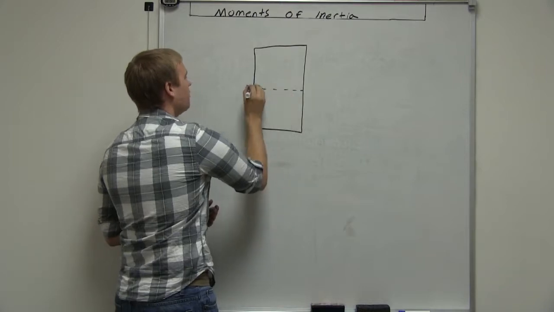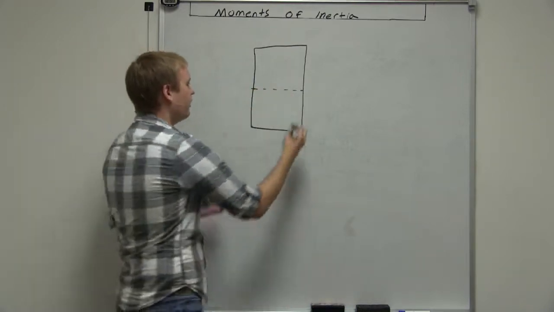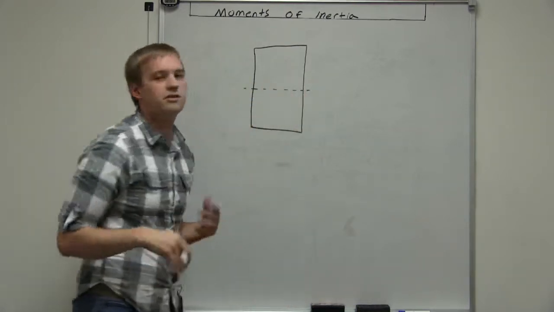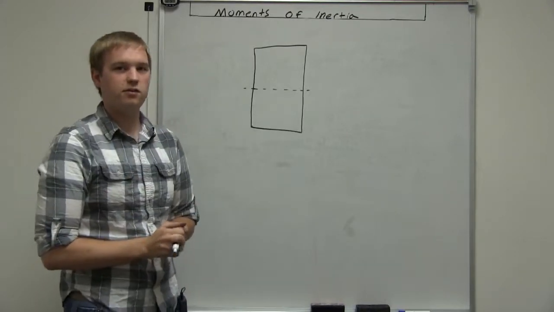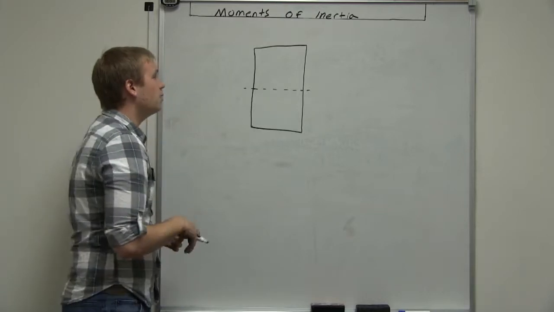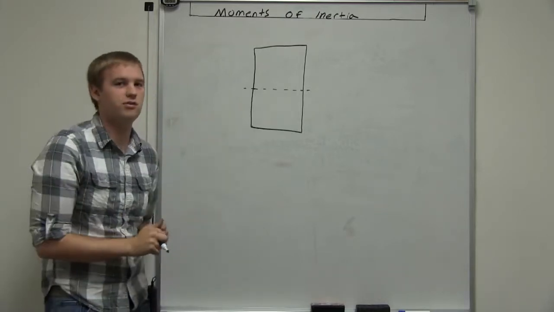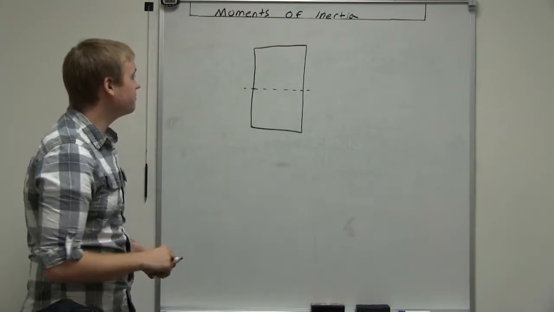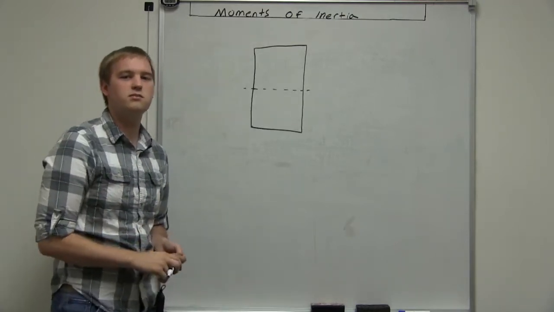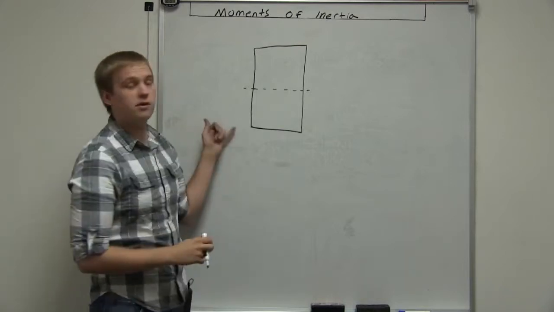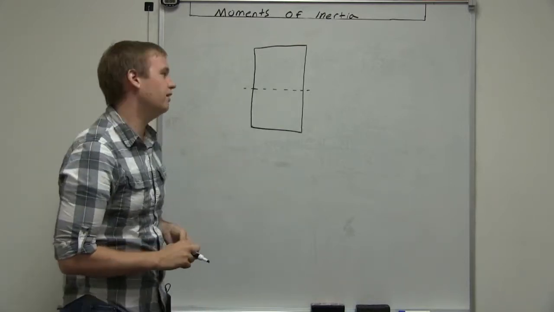Every object, like a rectangle, a triangle, a circle, a semicircle, has its own equation for a moment of inertia about its own centroid. Your teachers usually don't care about you memorizing those equations too much, except for this rectangular one.